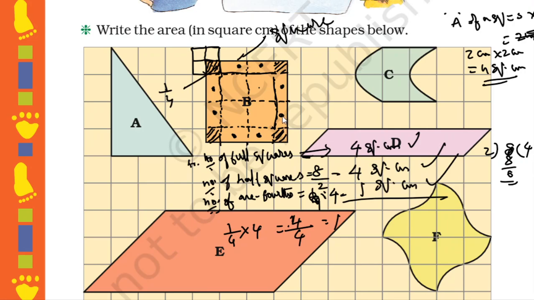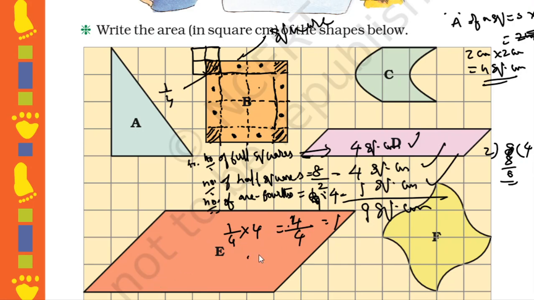The area of the total 8 halves is equal to 4 square centimeters, and 1/4s are 4. Therefore 1/4 into 4 is equal to 1 square centimeter. If you add all the areas of these parts, we will get the total area of this figure. Did you understand? Add it. 4 plus 4, 8 plus 1, 9 square centimeters.